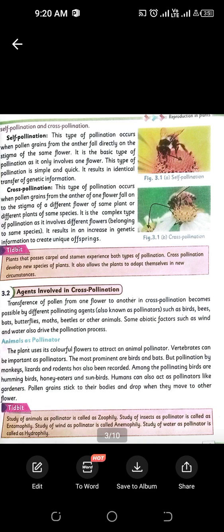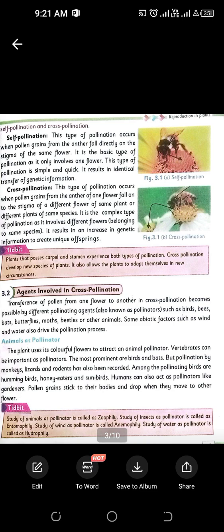Cross pollination is a type of pollination in which an anther of a plant transfers to the stigma of another plant of the same kind, right? For example, there are two plants of the same kind, tulip plant or rose plant and everything. So for example tulip plant, the tulip plant's anther will be transferred to the stigma of a different tulip plant, right?